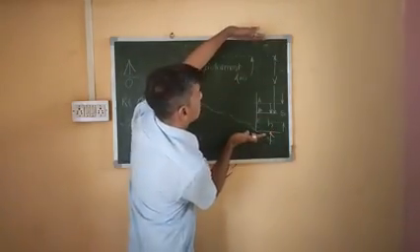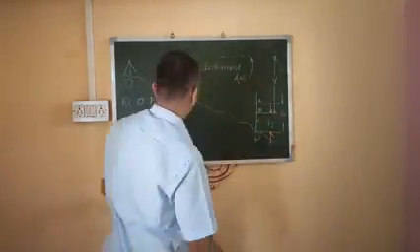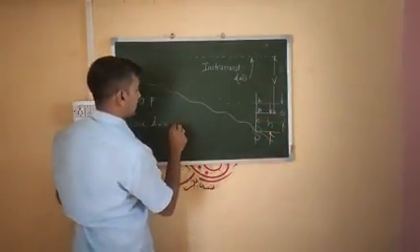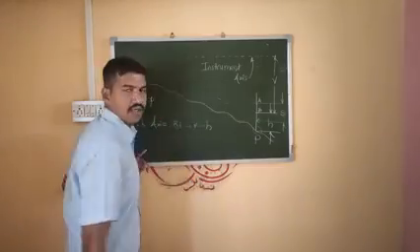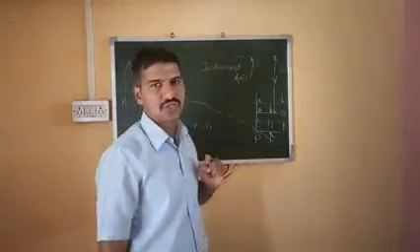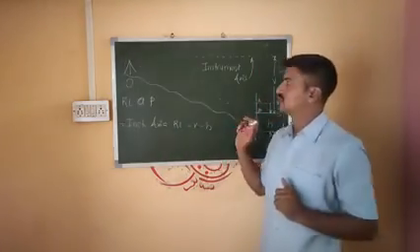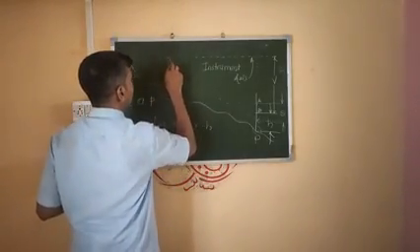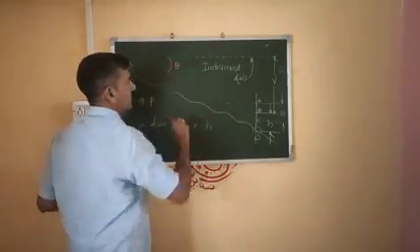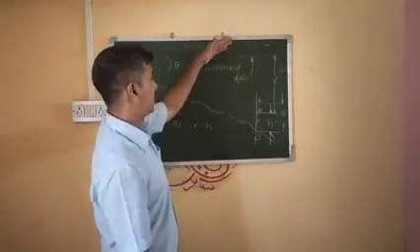Means we have to deduct this much height, which is nothing but V and H. So instrument axis RL minus V minus H. This is the formula by which we can calculate the RL if your instrument is at a higher elevation and staff is at a lower elevation, means line of collimation is inclined downward.